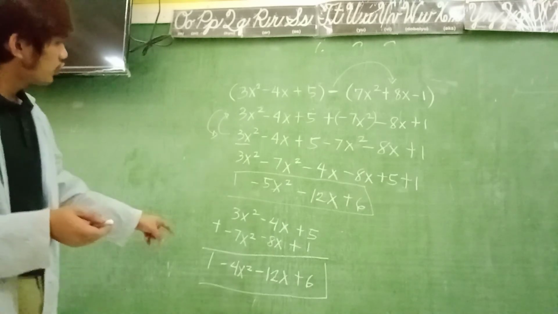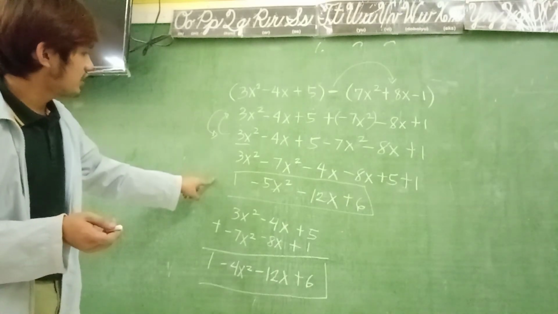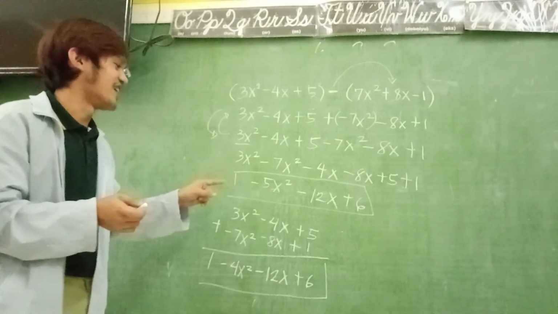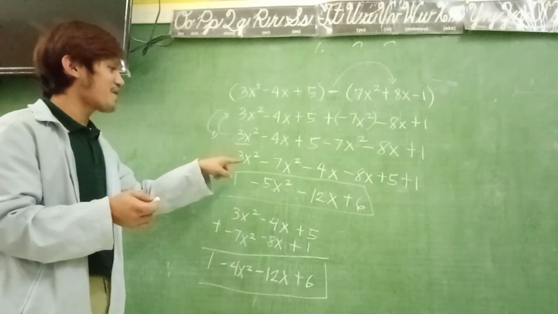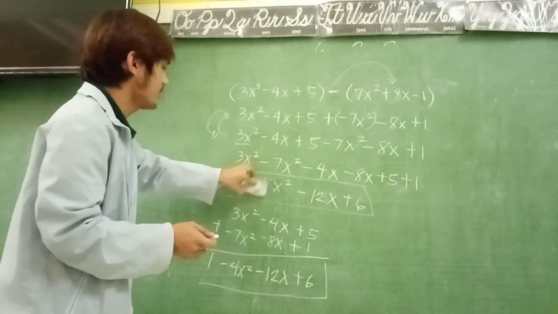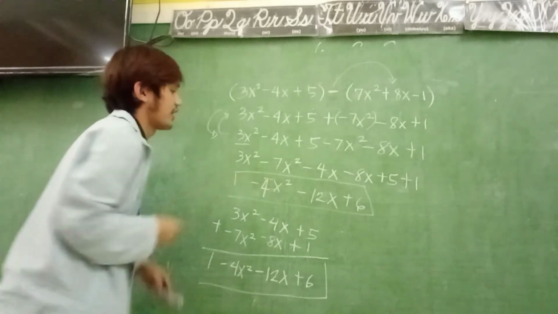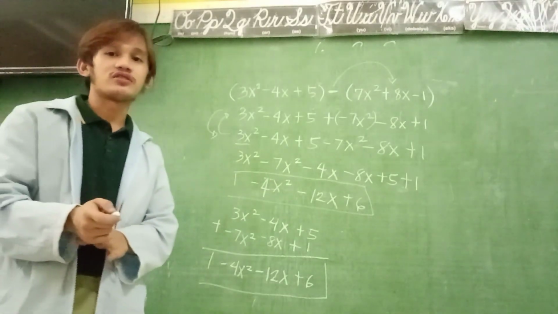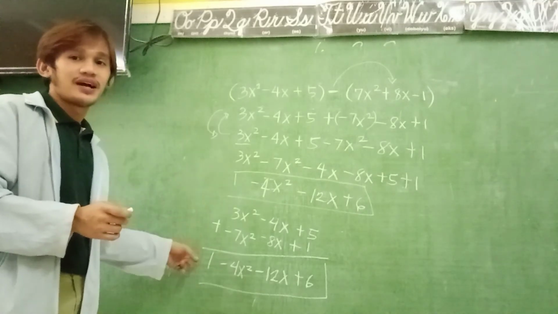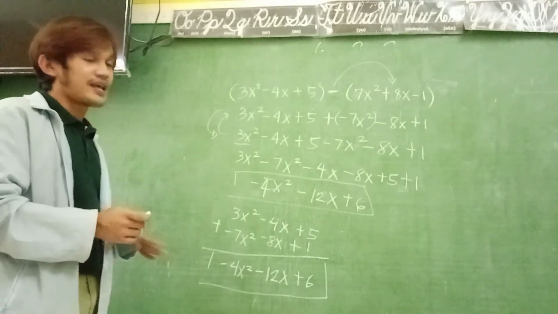So, do they have the same answer? Ay, mali pala yung ating computation dito sa kabila. So, sorry. So, ito pala. 3x squared minus 7x squared is supposed to be negative 4x squared. Mali ang aking computation, hindi marunong magbilang. So, kung mapapansin nyo, they are the same. Parehas na sila ng difference.